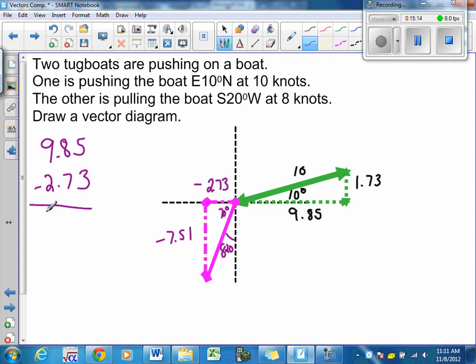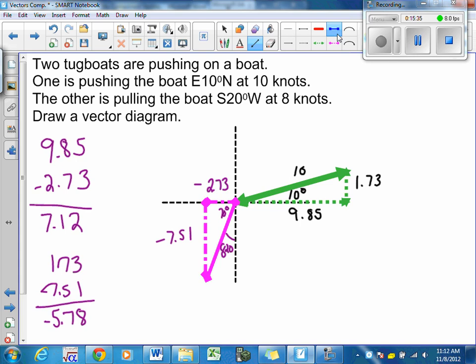That gives me 7.11. And then I have 1.73 minus 7.51. So I get negative 5.78. So I now have my resultant, which is 7, negative 5, which is about right there.